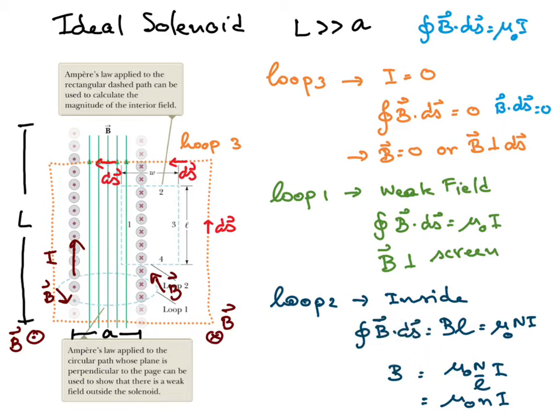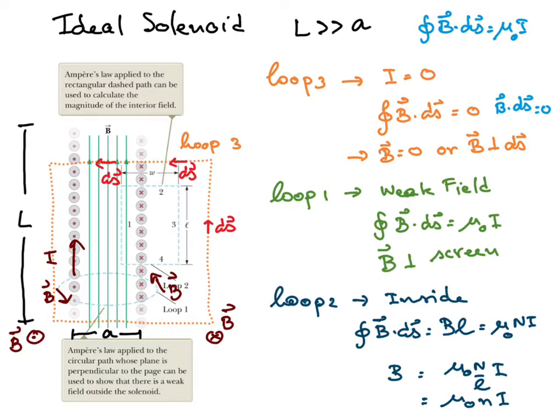Because when we look at loop number 2, we have the current that passes through the surface that has this loop as a boundary, right? So we know that the right hand side of Ampere's Law is not equal to 0. So this term is not 0, so it means that B cannot be 0.